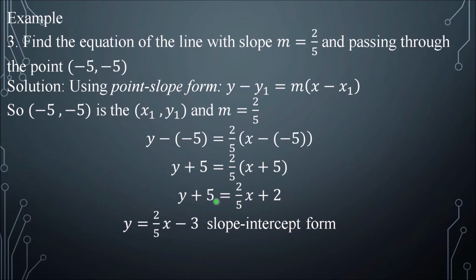And then this 5 here will be transferred to the other side. That's 2 minus 5, so it will become negative 3. And then y is isolated. So this is the final answer: y is equal to 2 fifths x minus 3 in slope-intercept form.